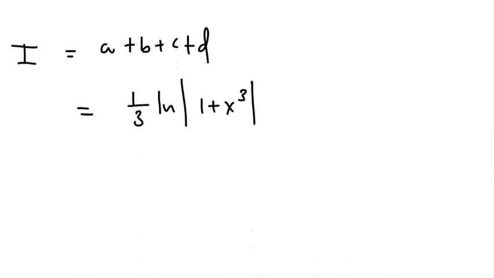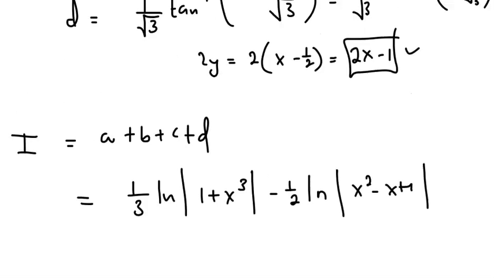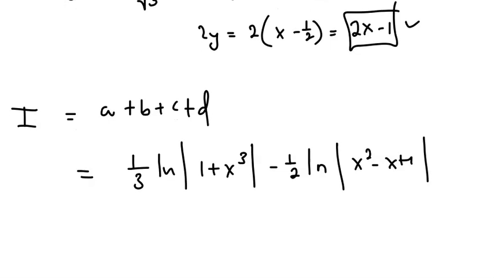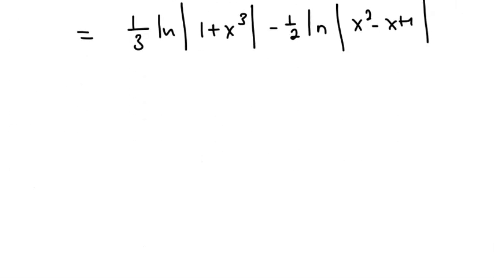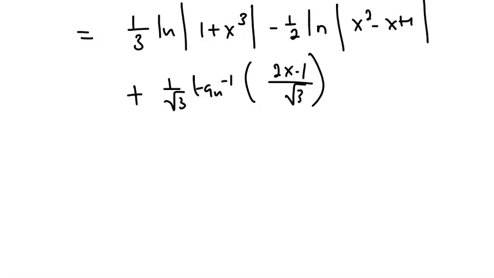Negative 1 over 2 natural log of x squared minus x plus 1, and our d is 1 over square root of 3, the inverse tangent of 2x minus 1 over the square root of 3. Now we have to put our constant of integration.